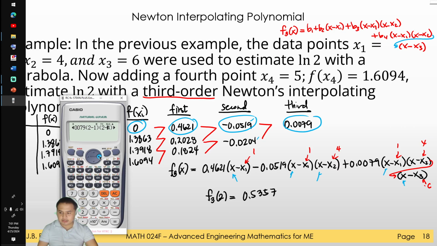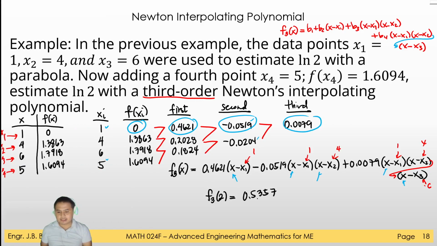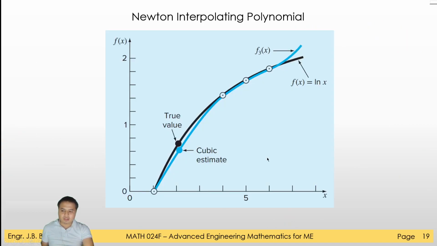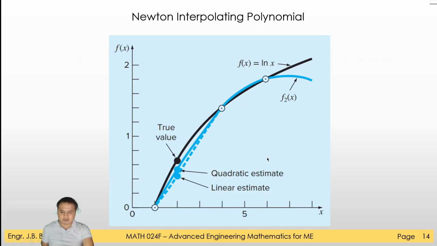Let's double check, you guys. So this will be your estimate. As you can see, it is definitely still close to the actual value, which is, so the actual value of 2 is 0.6937. So still close, but usually for highly nonlinear functions, sometimes we cannot truly estimate or get to that exact value. So the cubic estimate here would be this. What is the value for the last one?